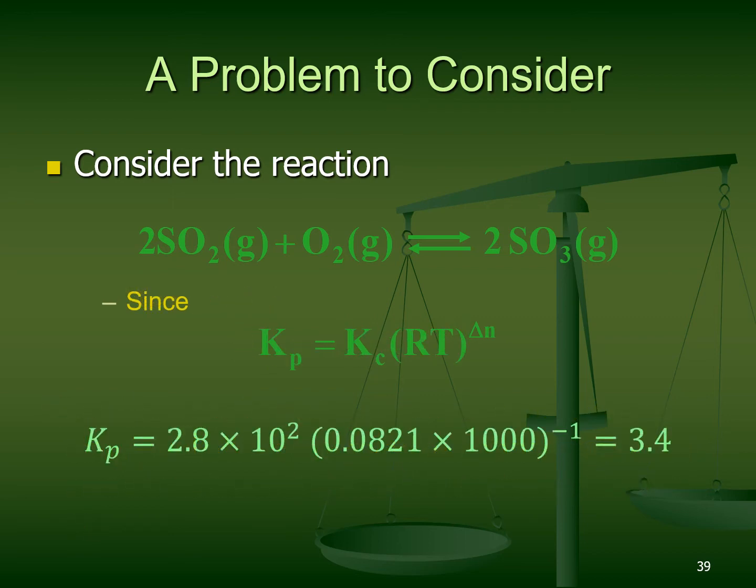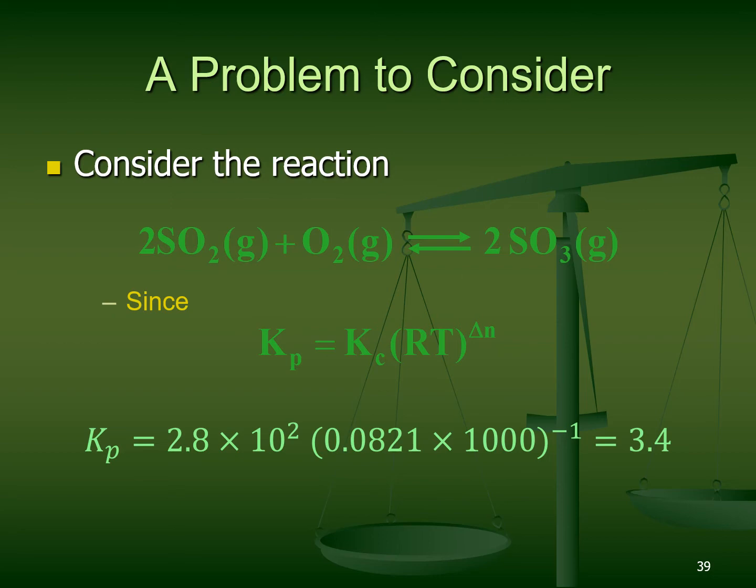So Kp is equal to Kc, which we were given as 2.8 times 10 squared, or 280, times R, 0.0821, times T, 1,000, and that quantity raised to the -1 power. If you plug all that in, you get 3.4. So the Kc is 280, the Kp is 3.4.